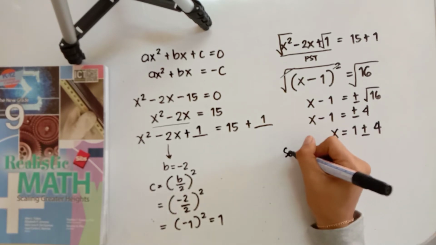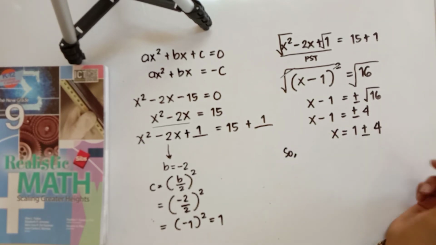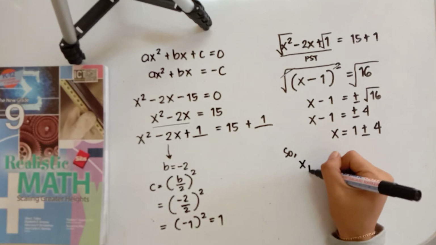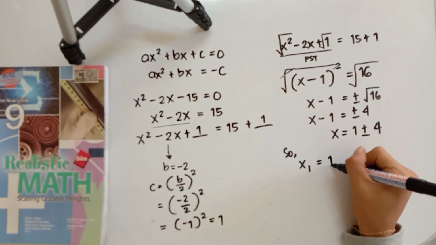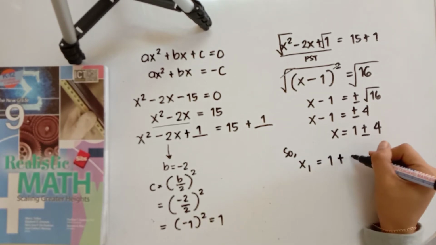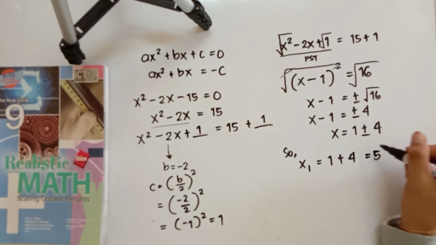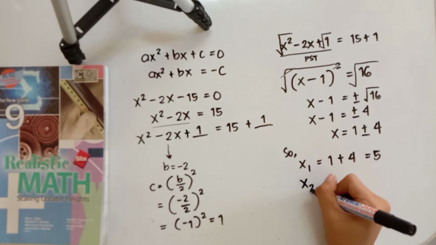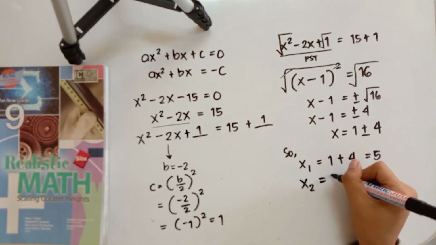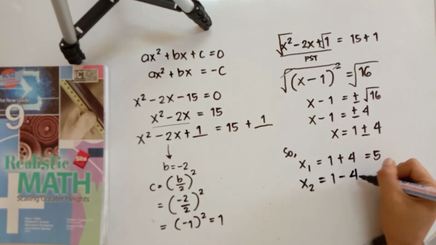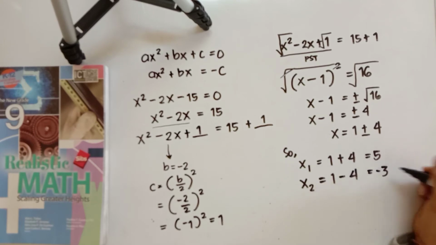For the positive sign, x sub 1 is equal to 1 plus 4, which is equal to 5. For the negative sign, x sub 2 is equal to 1 minus 4, which is equal to negative 3.